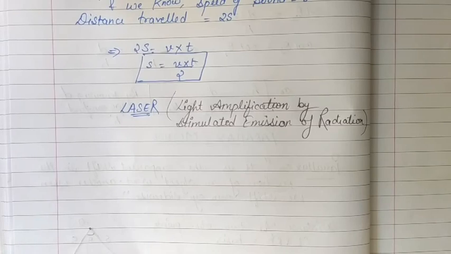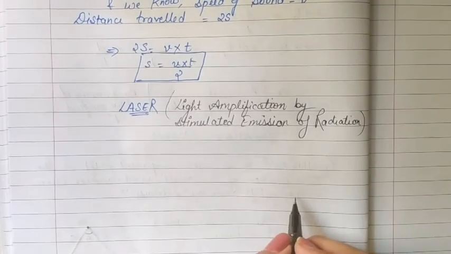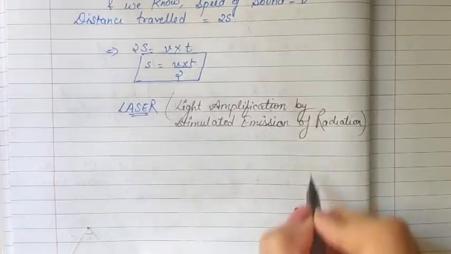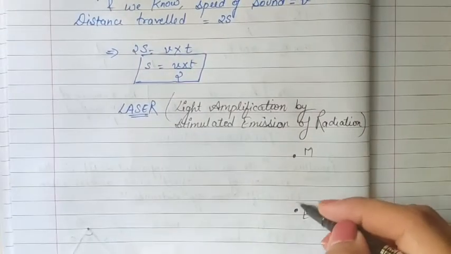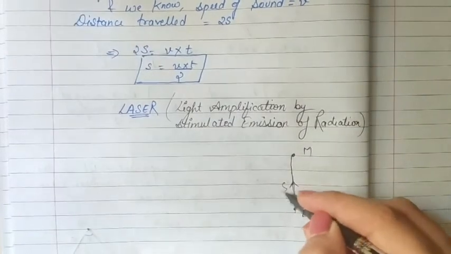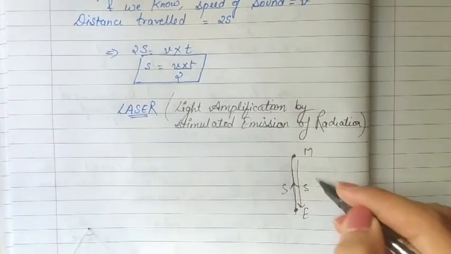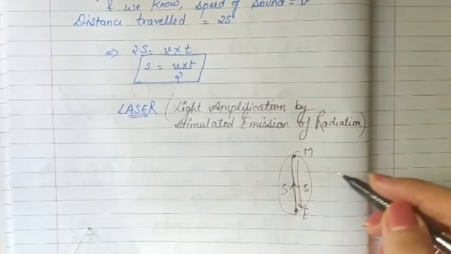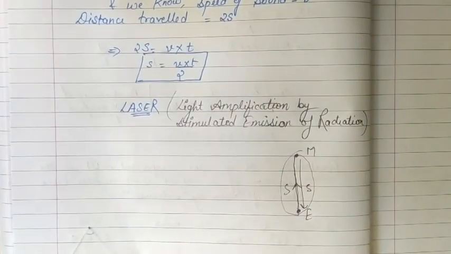Similarly, the distance traveled by that laser beam is twice the required distance. We only need the distance from earth to moon, right? But the laser beam is traveling to the moon and then coming back. So one is for going and one is for coming back. So actually the time that we will observe is for twice of s.